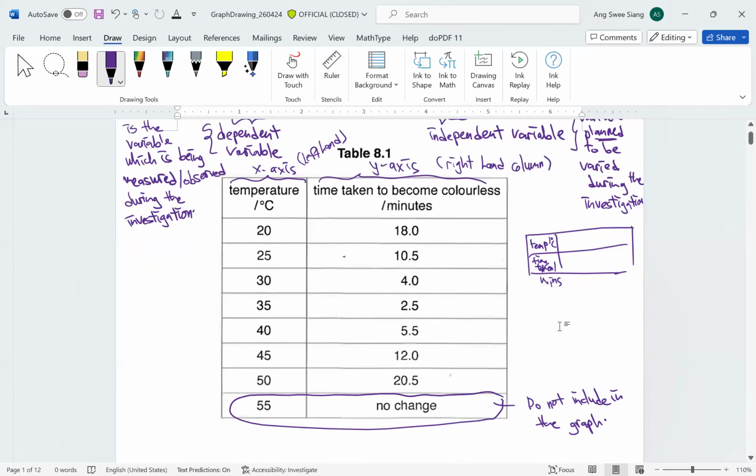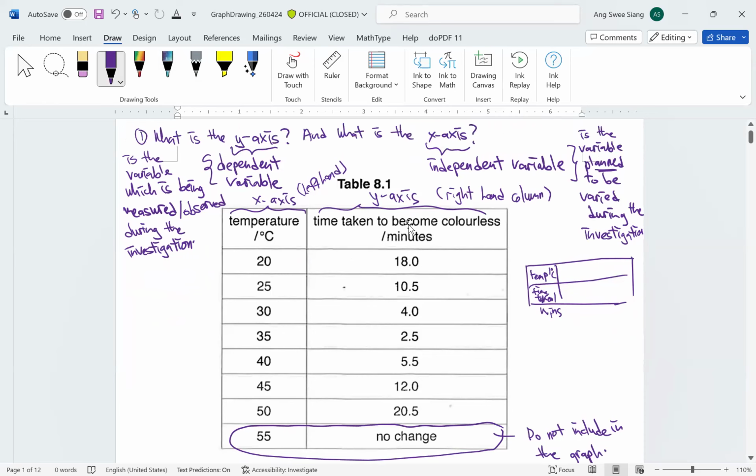I emphasize again, this is usually the case. Sometimes, if I want to irritate my students, I may swap this around to test whether you remember dependent variable and independent variable or not.